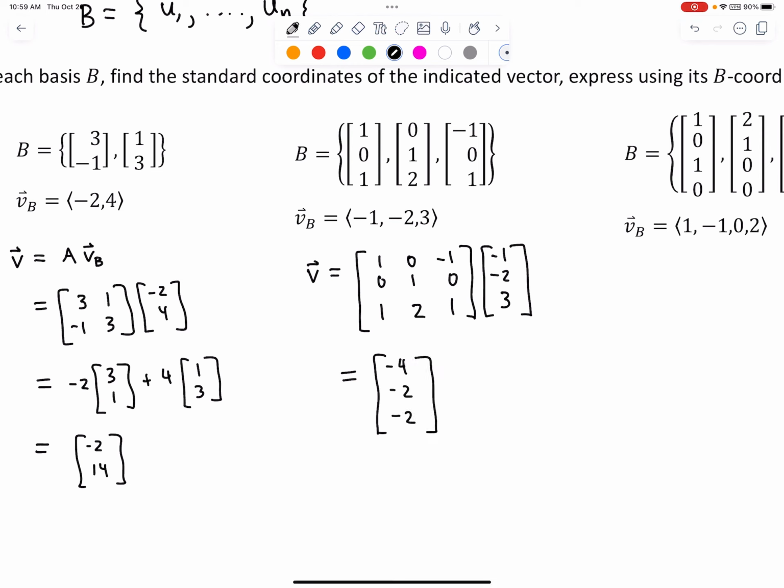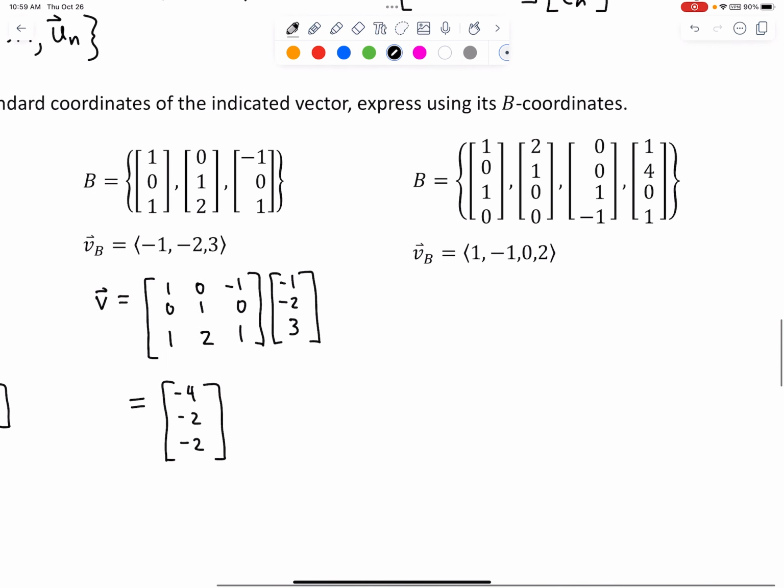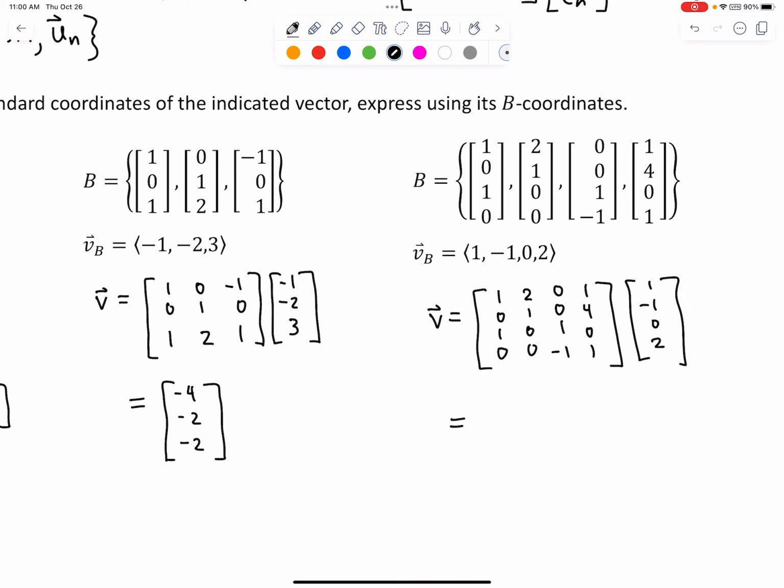And these are the standard coordinates. And in our third case, we had a basis for R4, and its b coordinates are 1, negative 1, 0, 2. So doing this linear combination of these basis vectors amounts to doing matrix vector multiplication, which when we compute, we get 1, 7, 1, 2.